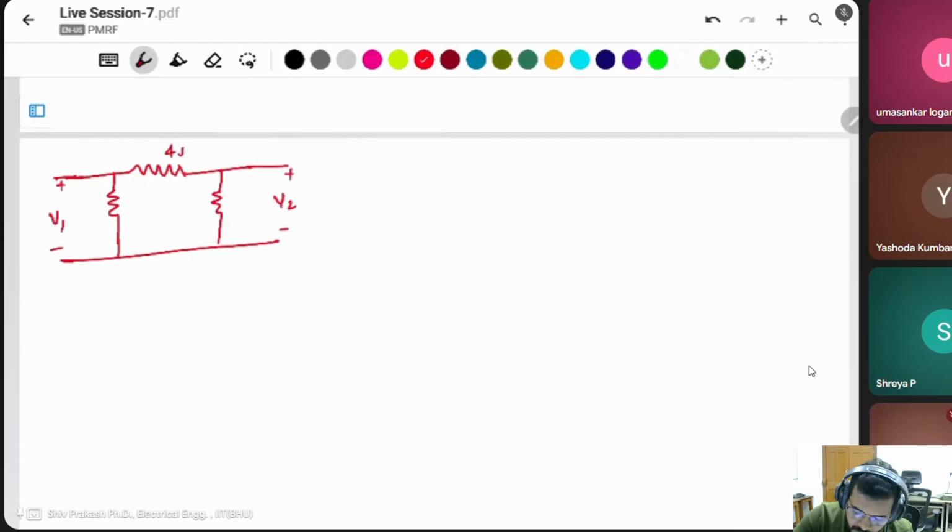This is given as 4 ohm, this is 4 ohm, this is 4 ohm. Then put this one as I1 dash, this is the I2 dash.